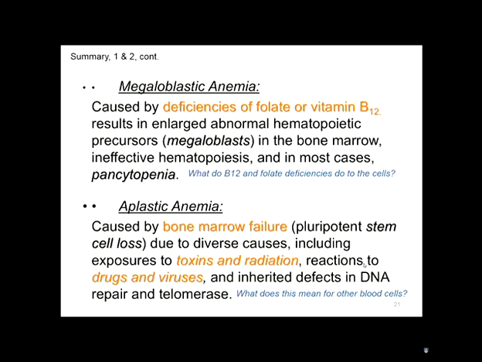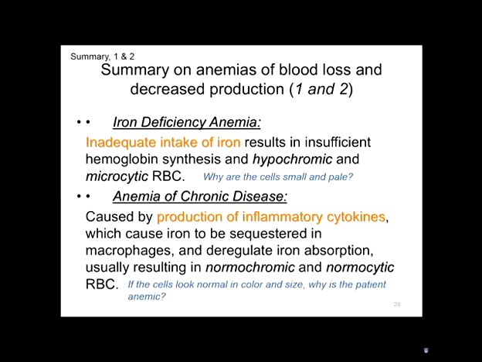Megaloblastic anemias. Now we're talking about anemias in group 2, anemias that have to do with decreased production. There are a whole slew of these. Yes? That slide before, when you were talking about anemia of chronic disease, why is the patient anemic? Because there are fewer cells.